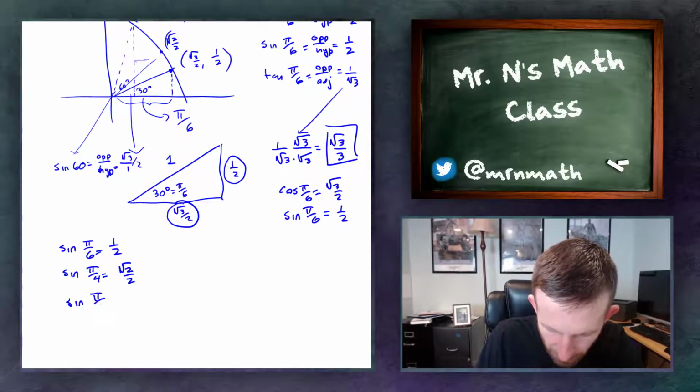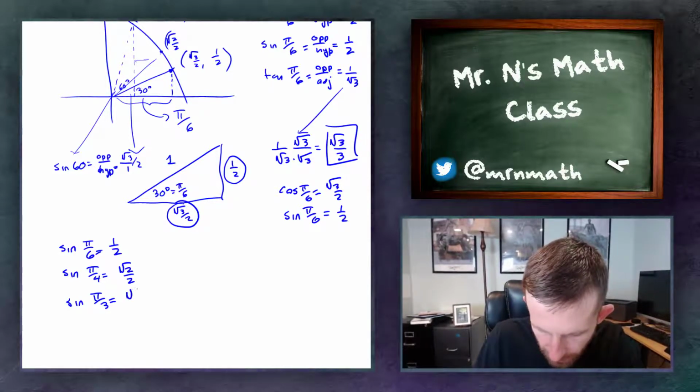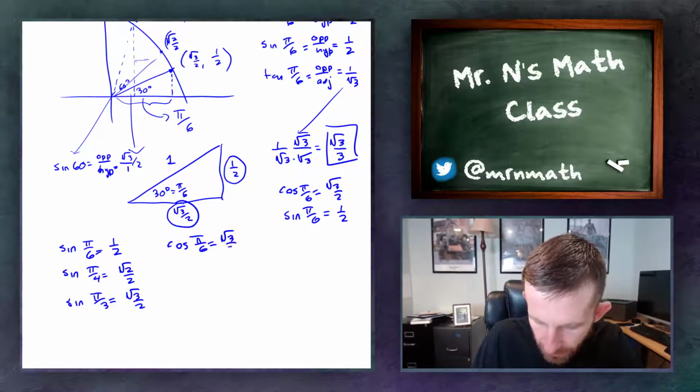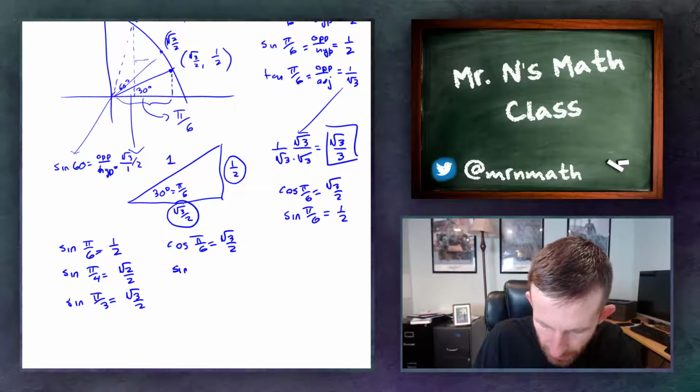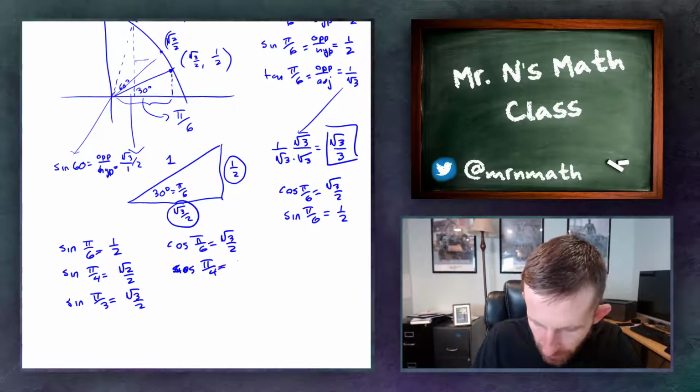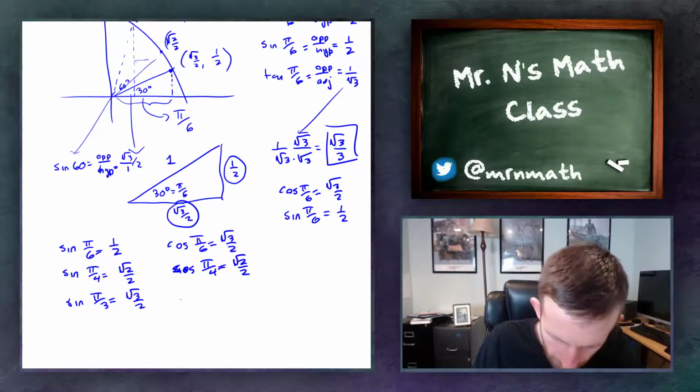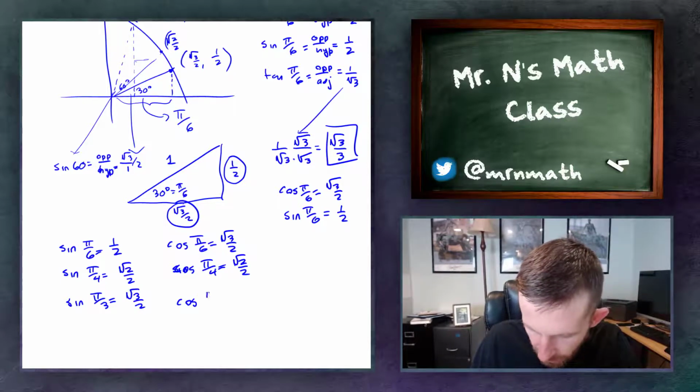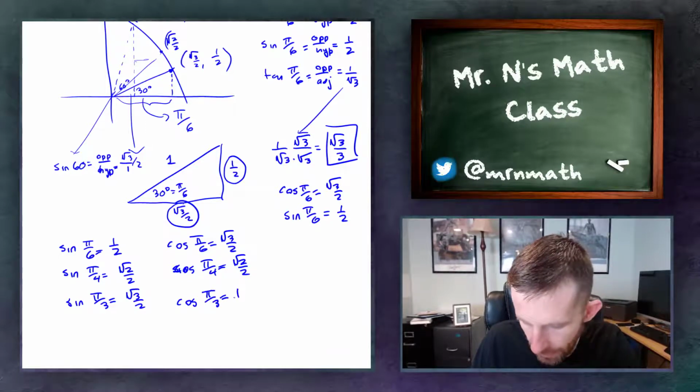Sine of pi over 3 is root 3 over 2. Cosine of pi over 6 is root 3 over 2. Cosine of pi over 4 is root 2 over 2. And cosine of pi over 3 is 1/2.